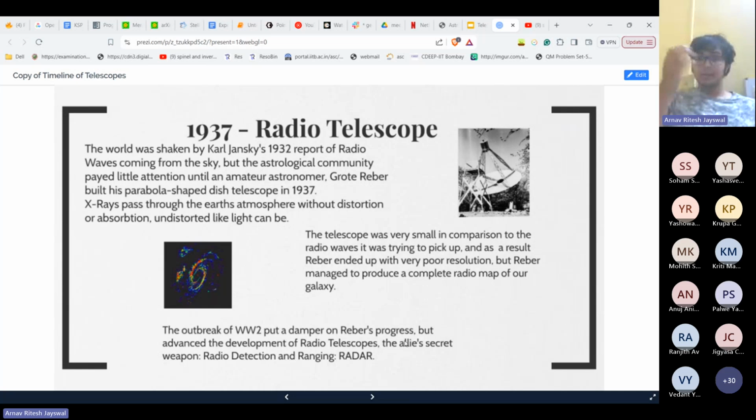This guy had the novel idea of observing radio waves, but he obviously had very poor resolution images initially. But radio astronomy, as we know it today, is amazing and one of the most developing fields of astronomy. So this is where it all started. So yeah, this is about the brief history of telescopes.